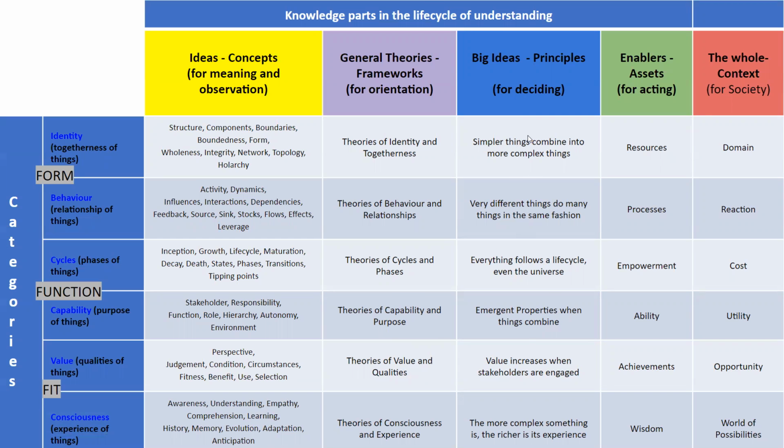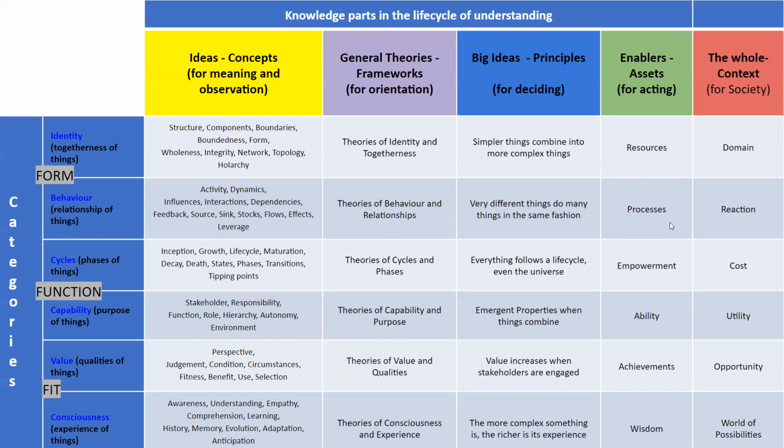From these frameworks, we would be able to derive principles, and here are some examples. But the idea is that all of our principles related to identity and togetherness would go in here. And when these principles are applied, this would be the assets that would result. So this would be a place of storing all our system assets in terms of things.